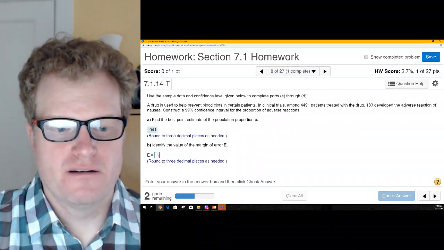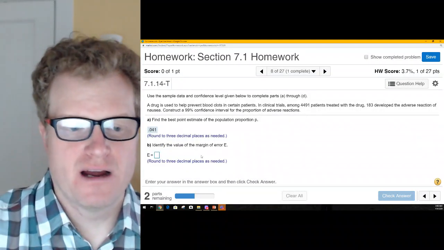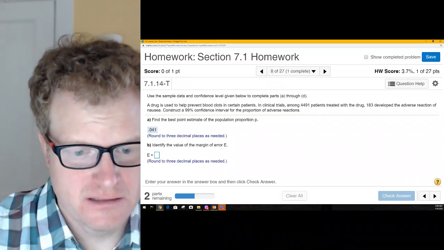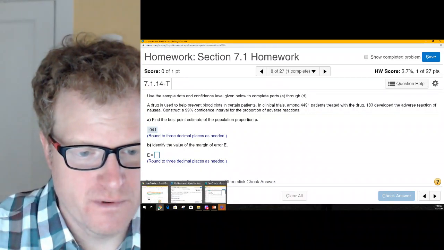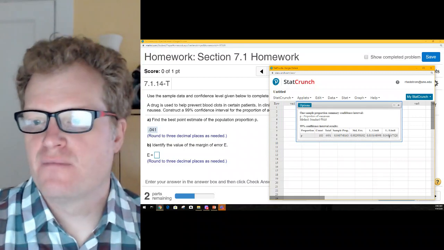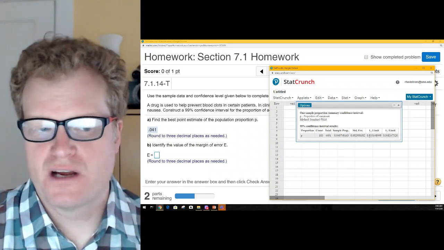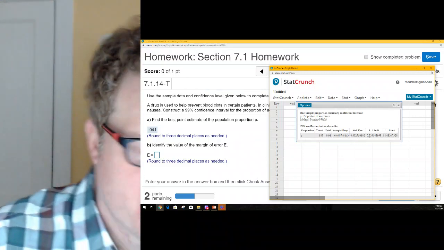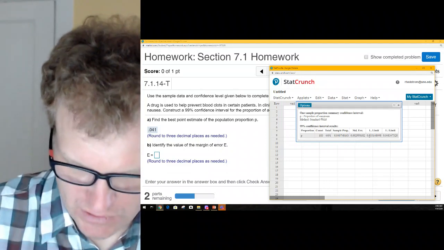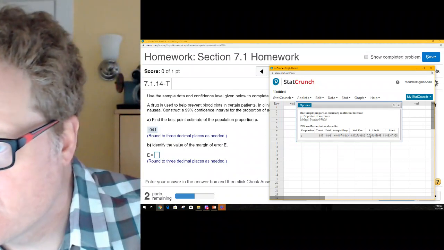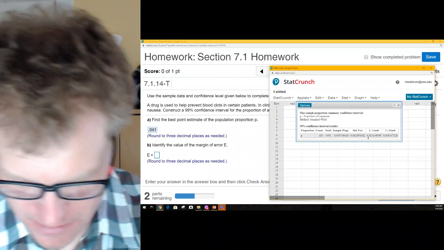Then I want to identify my margin of error. To do that, I'm going to take my upper limit, subtract my lower limit, and divide that by 2.